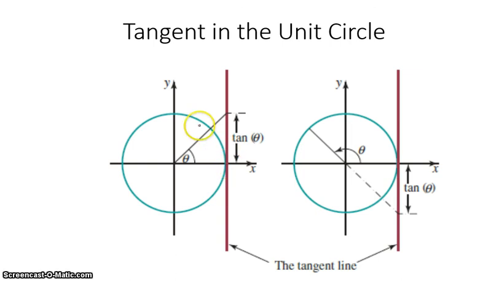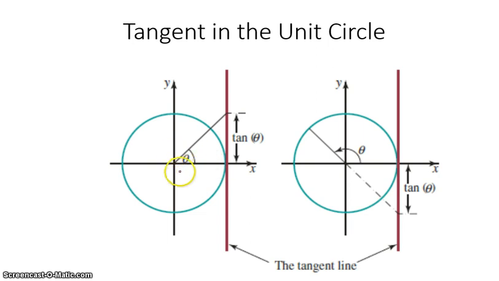In this case, the curve is the unit circle, and the tangent is drawn in such a way so that it approaches the circle but only touches it at this point and then continues on away from the unit circle. So we have a tangent drawn to the unit circle at 0 degrees.